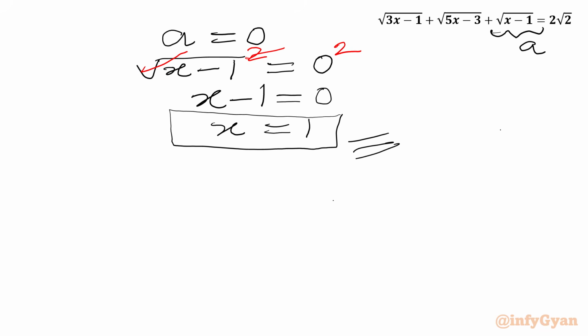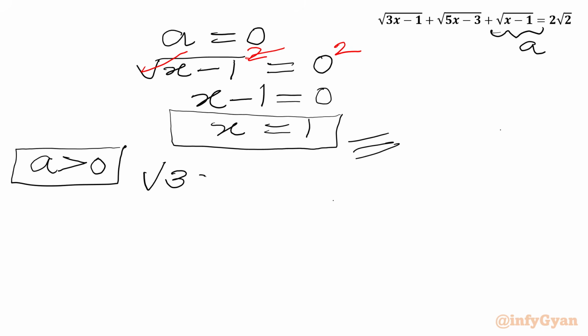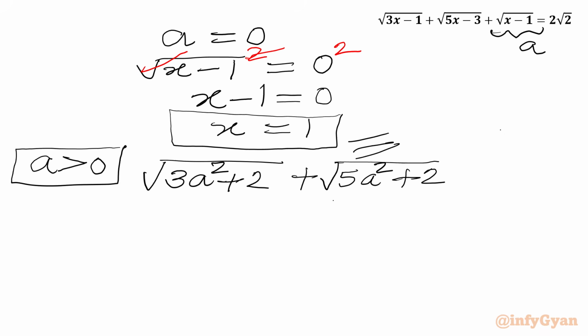Now we have the second case where a is greater than 0. So let me write the equation here: square root 3a square plus 2 plus square root 5a square plus 2 plus a equal to 2 root 2.